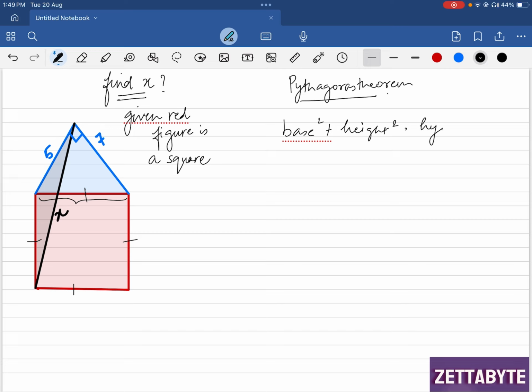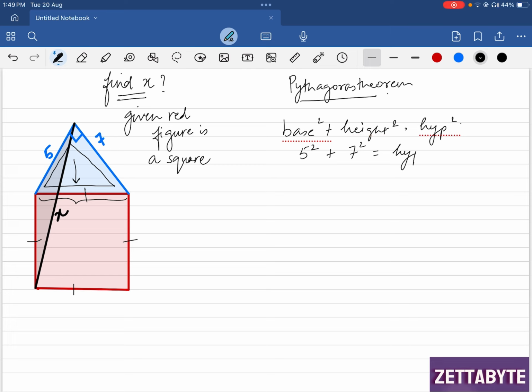So if you can spot in this triangle, this could be the base 5 and the height could be 7, and the hypotenuse would be the side opposite to the right angle. That would be the hypotenuse, that is the square length over here. So base is 5 square, height is 7, so square of the 7, is equal to the hypotenuse square.